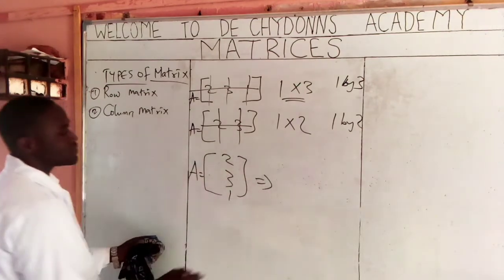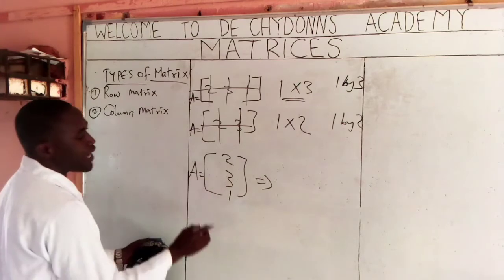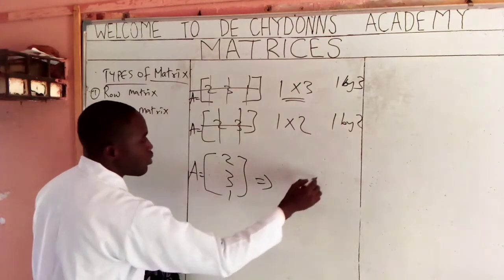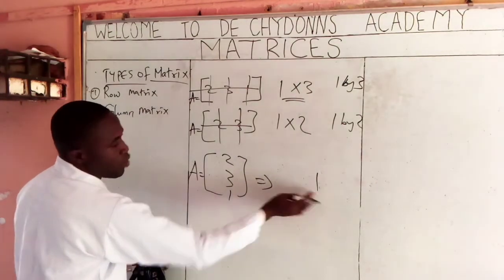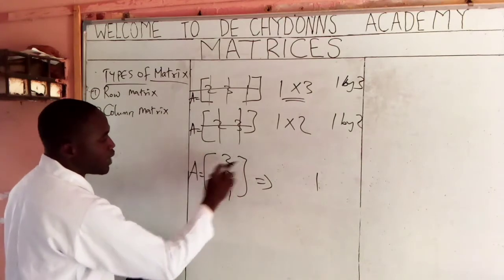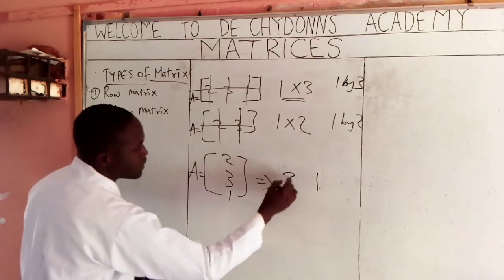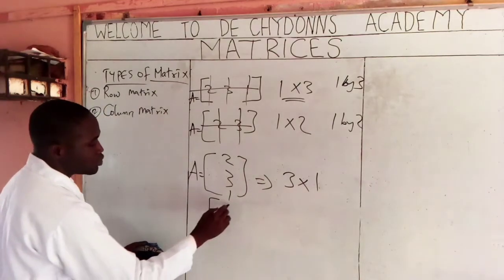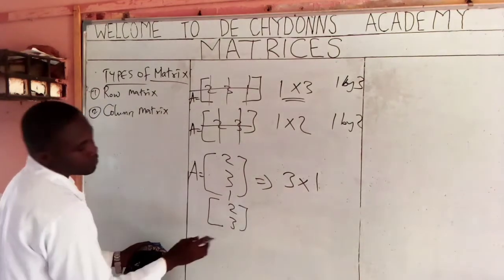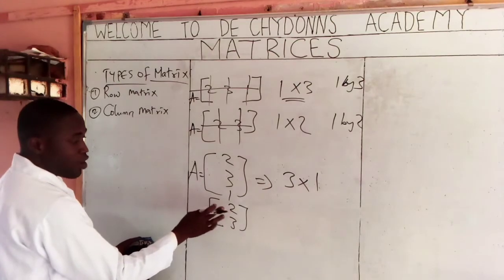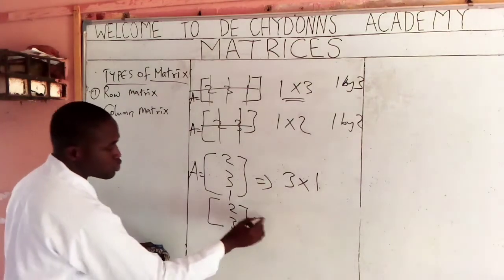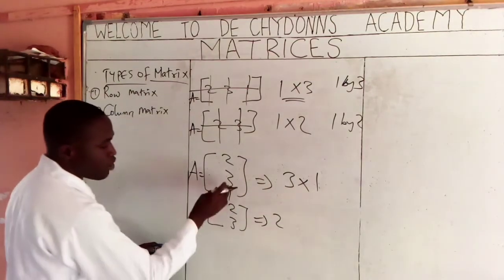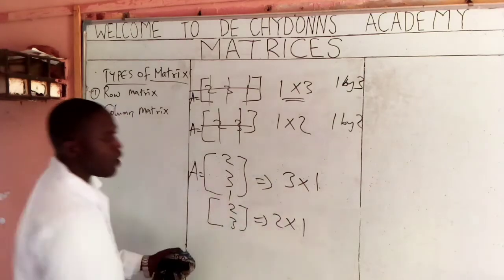You say that the order of this matrix is, the column will be 1. How many rows? 1, 2, 3. 3 by 1. If it is like this, 2 and 3, the number of rows will be 2, and number of columns will be 1. 2 by 1.